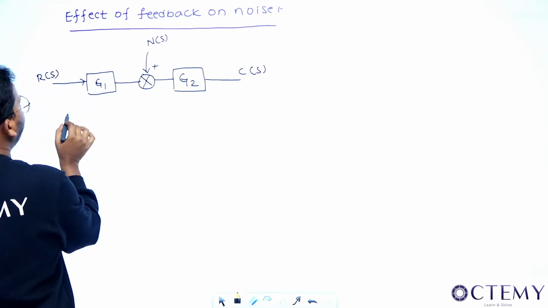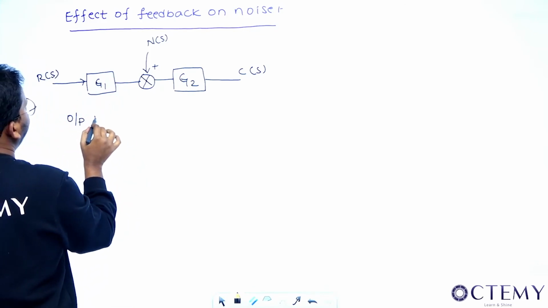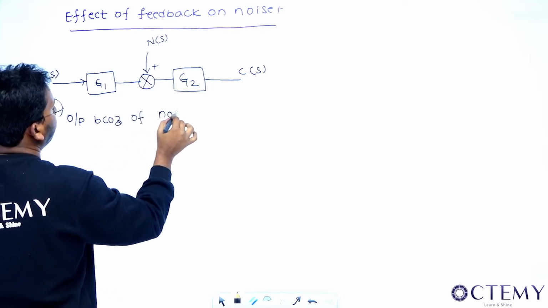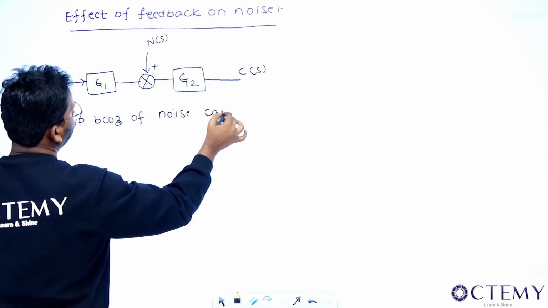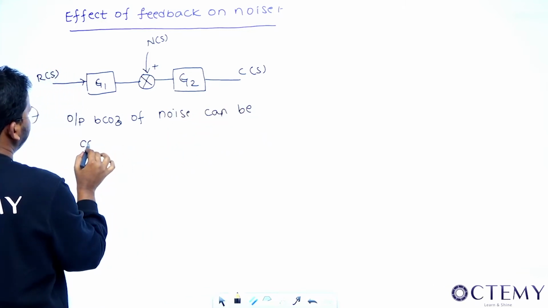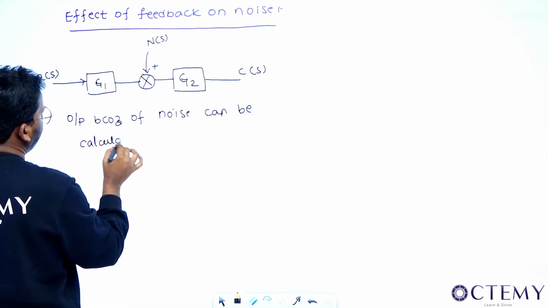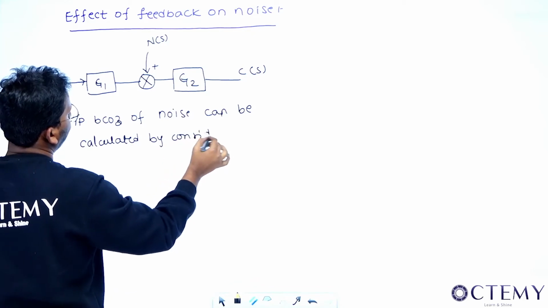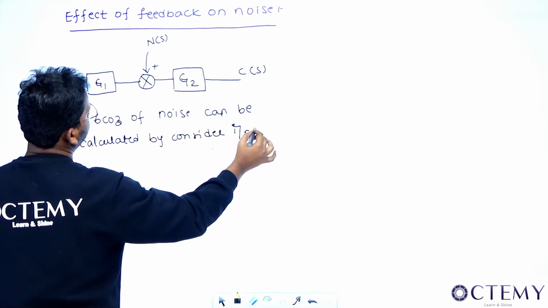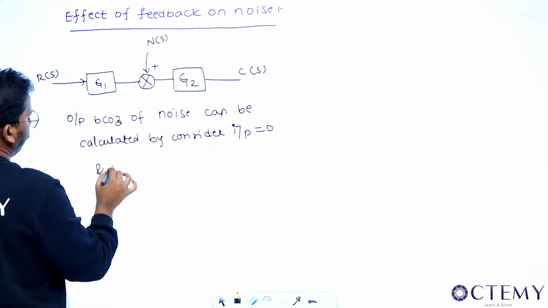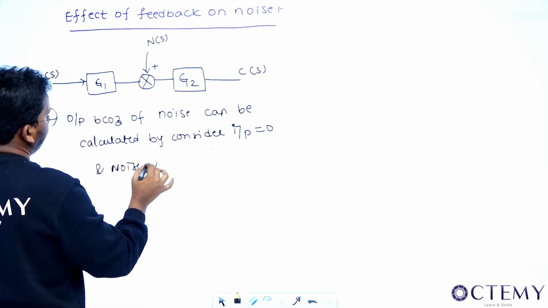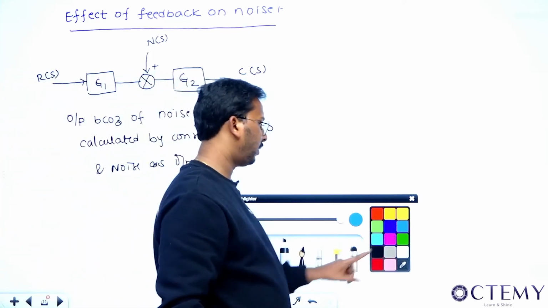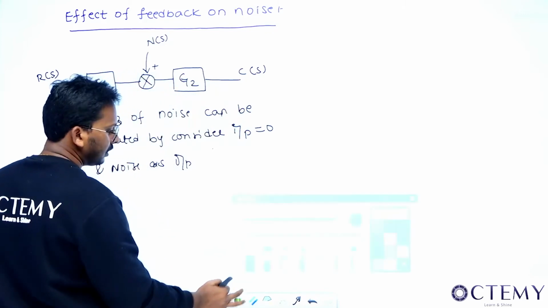If you want output because of noise, it can be calculated by considering input equal to 0 and noise as input. If I do this, it will look like this.